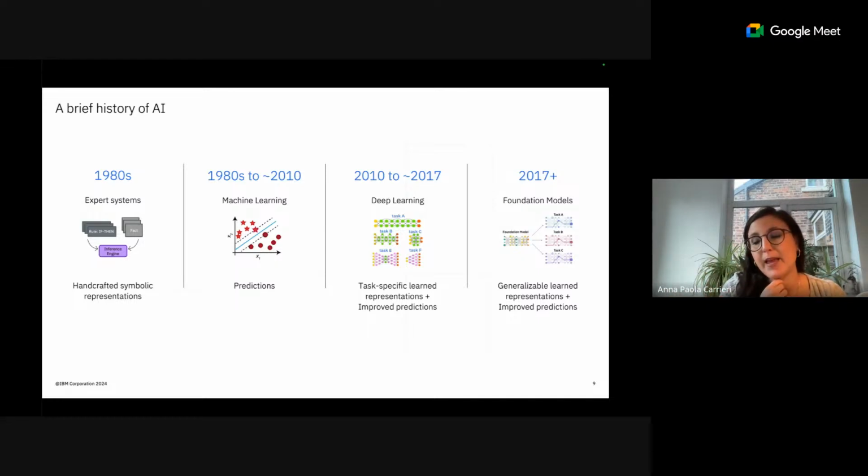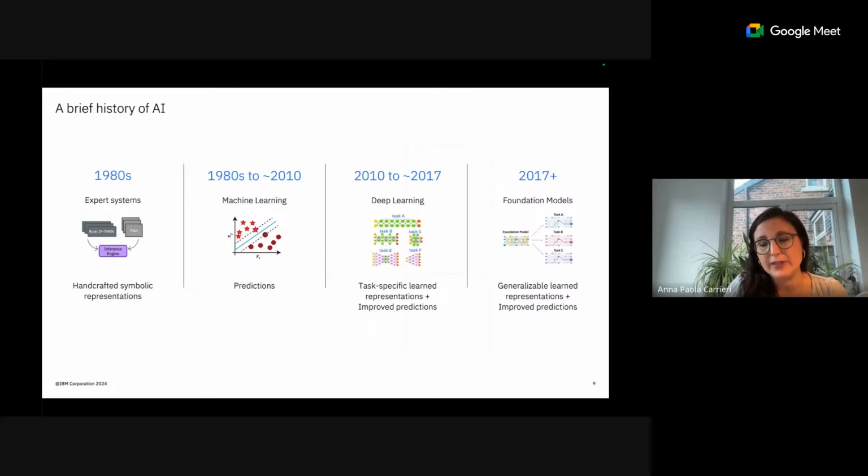And then there has been a lot of focus on deep learning models, deep neural networks, that not only provide improved predictions compared to traditional machine learning models, assuming you have enough data to train them properly, but were also able to learn task-specific representations of the data.